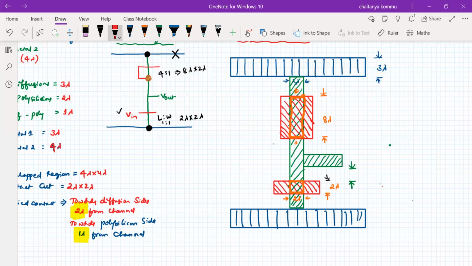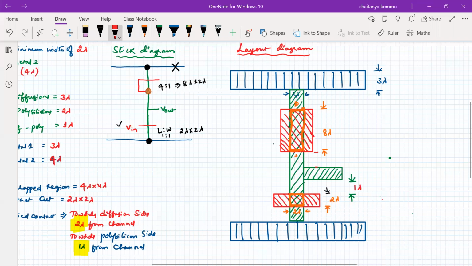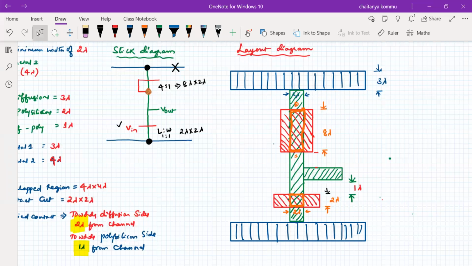Similarly, above also, this is polysilicon and this is diffusion, so we have to maintain a minimum of 1 lambda. It could look like more than 1 lambda, so I am not showing anything about it. So far everything is perfect. We have created the source VDD and ground, created the transistors, and extended the output.